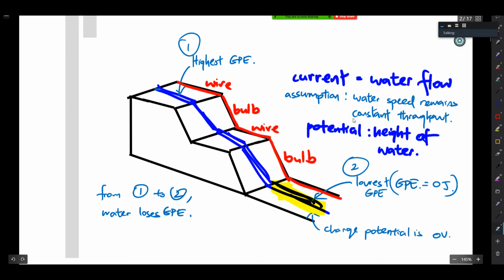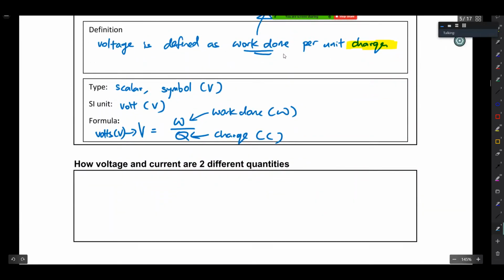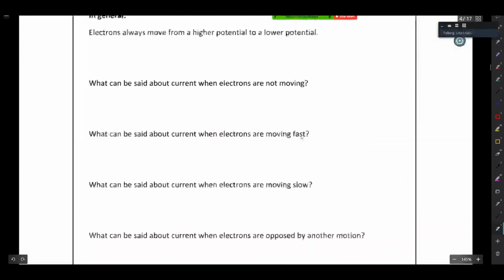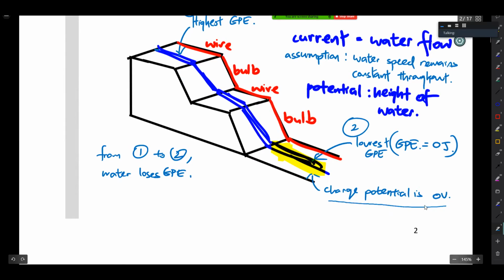Remember the idea of volt is work done per unit charge, so it's the amount of work that can be done by a charge. When I say that the charge potential is 0 volt, what I'm trying to tell you is that at point number 2, at the lowest point of this entire hill, or this waterfall or whatever it is, the charge potential here is 0 volt. That means the charge at this yellow color region is not able to do work anymore.